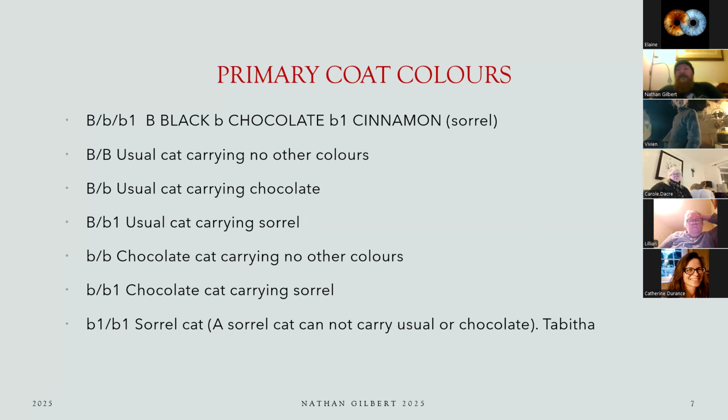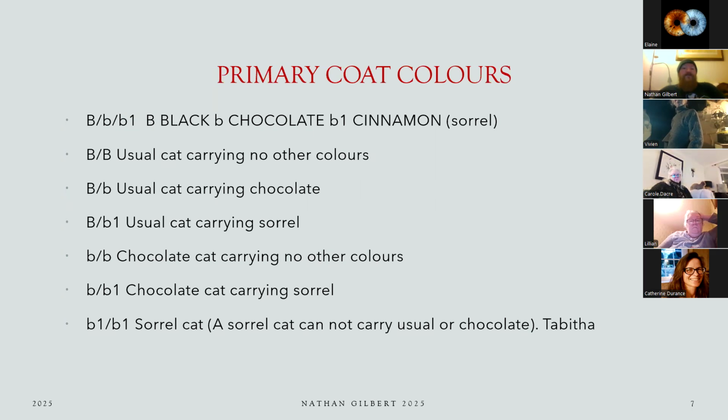Genetically, it's cinnamon. In Abys and Somalis, we call it sorrel, which is cinnamon tick tabby, but that is because the name for the color was given before we genetically knew that it was cinnamon. It's not red, it's not the sex-linked red, it's a different color altogether.